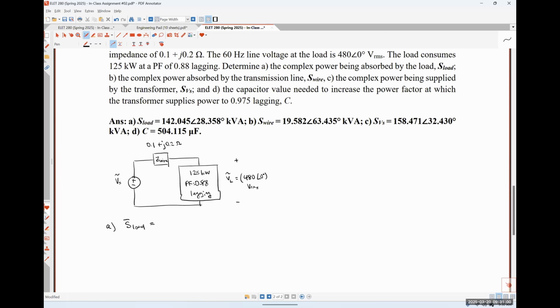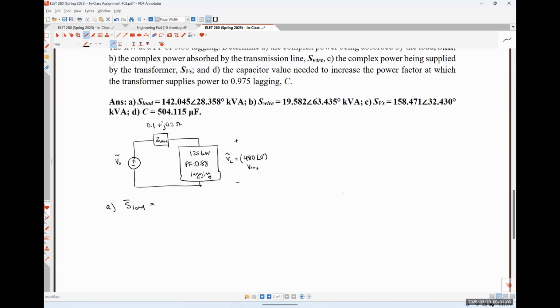It's P average over the power factor with an angle of the inverse cosine of the power factor. So 125 kilowatts divided by 0.88 with an angle of inverse cosine of 0.88. Now, since my power factor is lagging, should that inverse cosine operation get a plus sign or a minus sign? Plus sign, absolutely right.